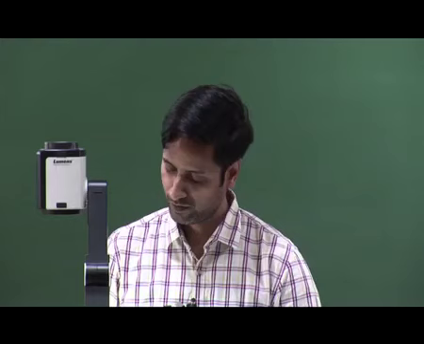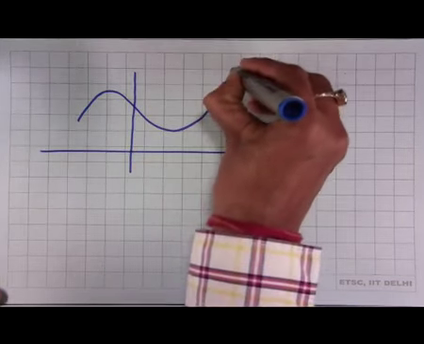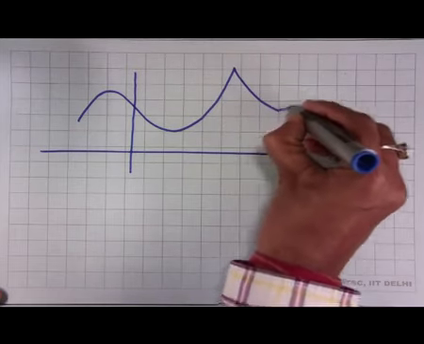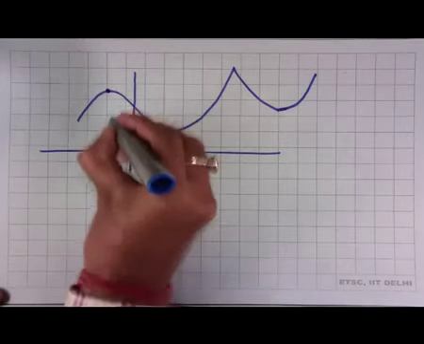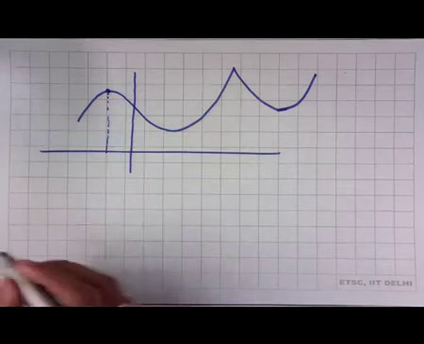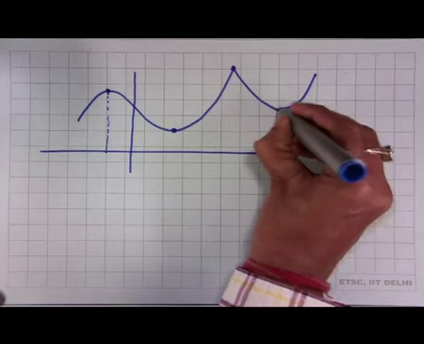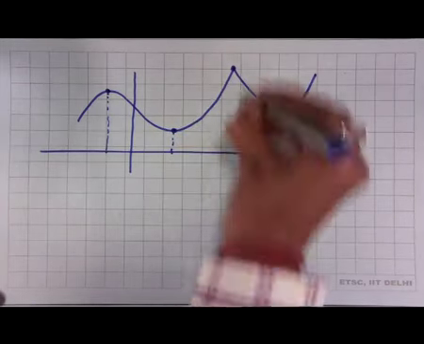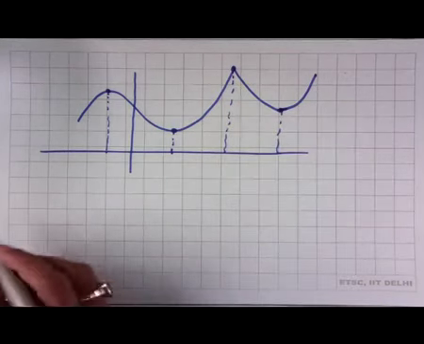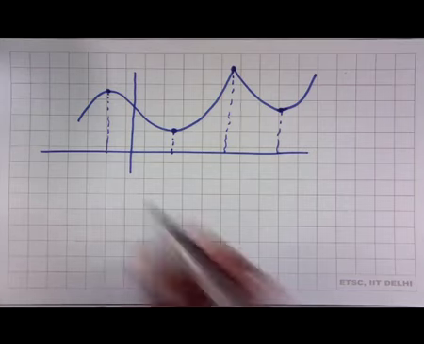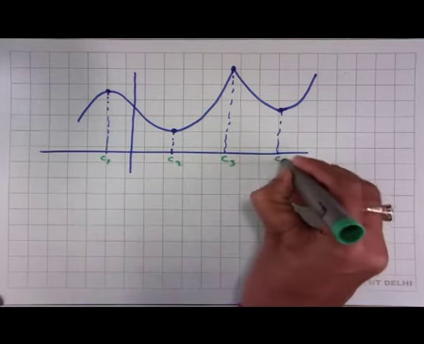So, for example, if we look at a function, say, we have this function. Let us look at these 4 points. We call these points C1, C2, C3, C4.